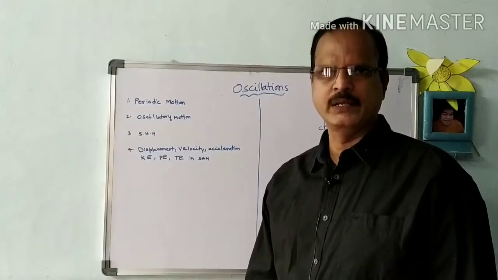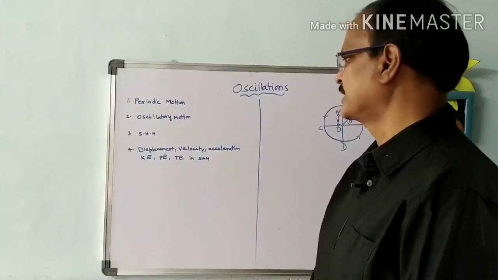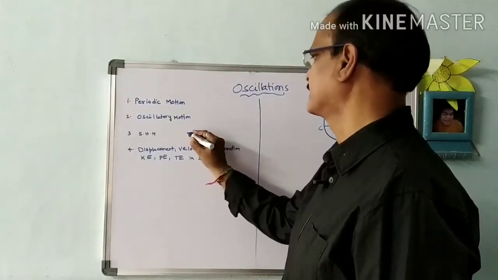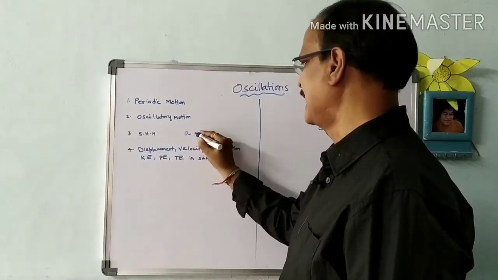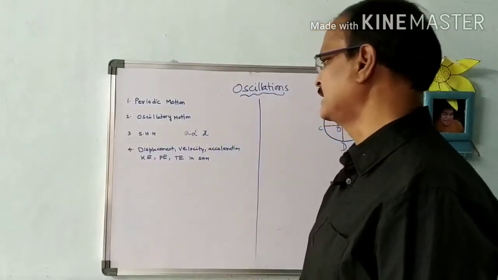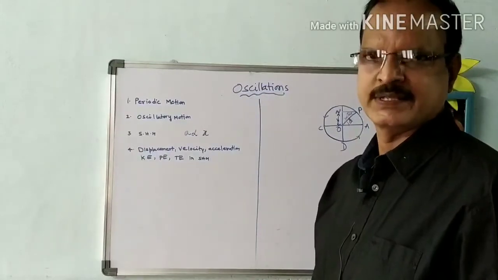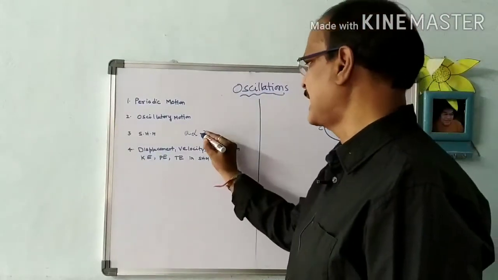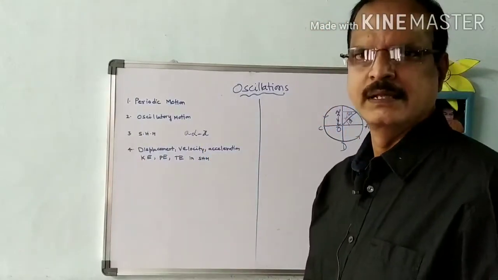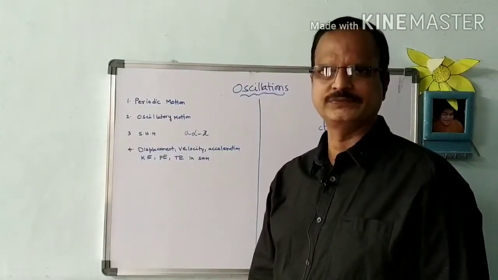A body is said to be in simple harmonic motion if its acceleration is always towards a fixed point and acceleration is directly proportional to the displacement, that is, a is proportional to x, and it always acts in the opposite direction. Then the body is said to be in simple harmonic motion.